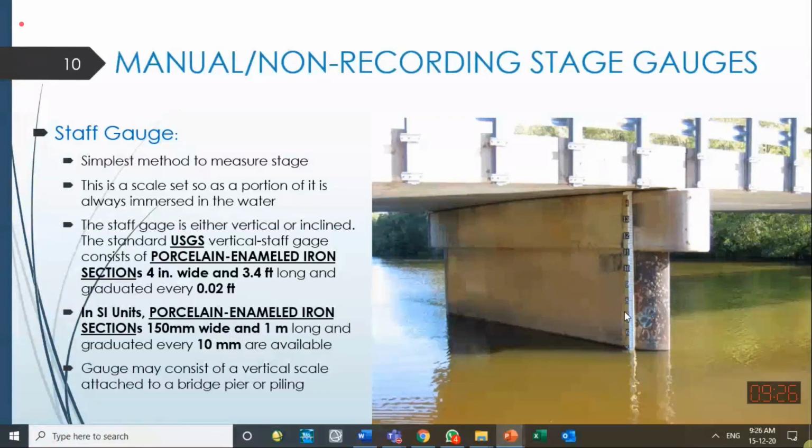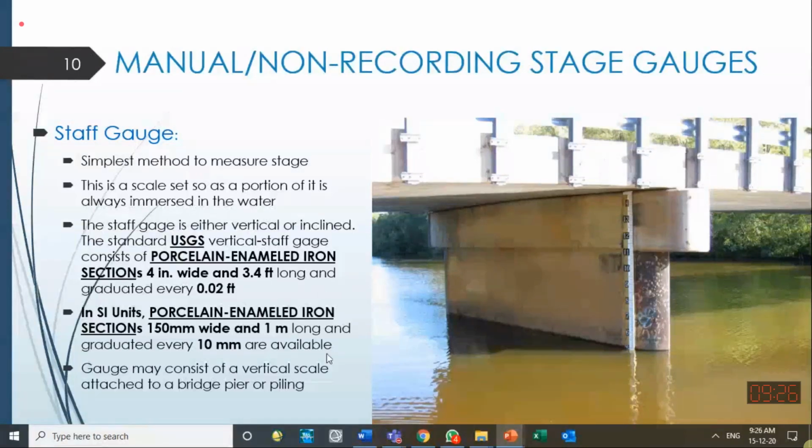You might have seen such gauges installed on the pillars of bridges and on banks of channels. If you go to the Ravi Bridge, any bridge, Shahdara or this Sakyam Bridge, you can see a staff gauge installed over there.